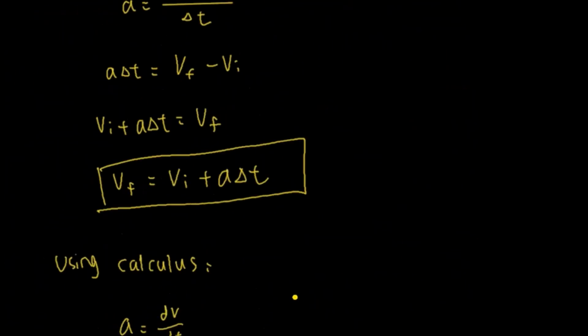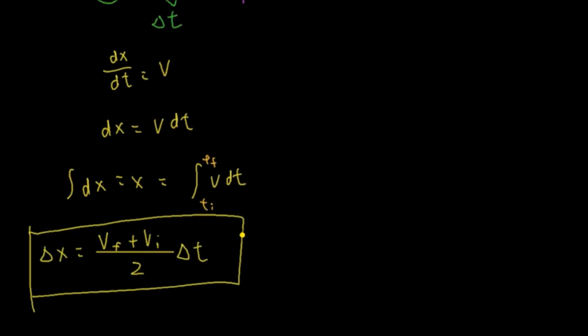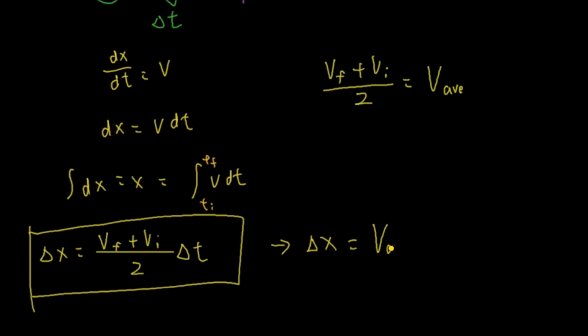Okay, also one more thing about this is that V final plus V initial divided by 2 is the average velocity. So we can write this as delta x equals average velocity times delta t. We have to use average velocity.